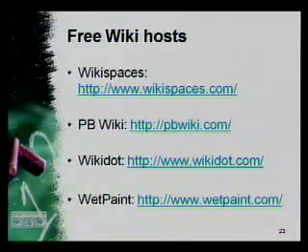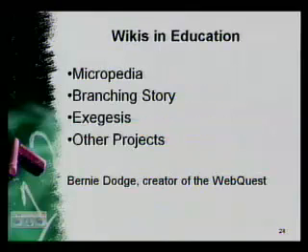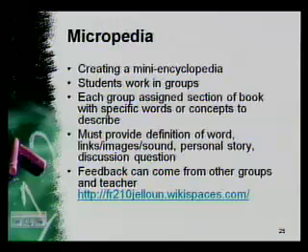But what we really wanted to talk about today are some of the different ways that you can use wikis in education. And we're going to show you some examples of these. I'm going to start out by talking about the Micropedia. Basically, this project has students creating a mini encyclopedia of some sort.